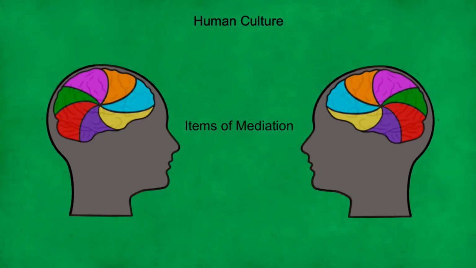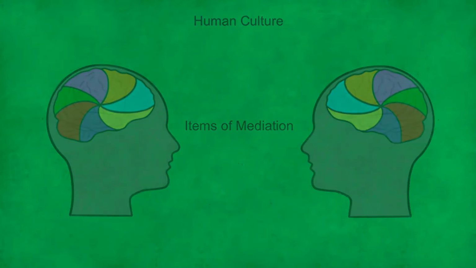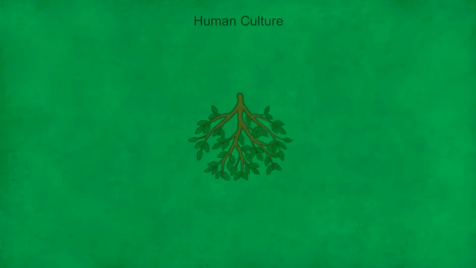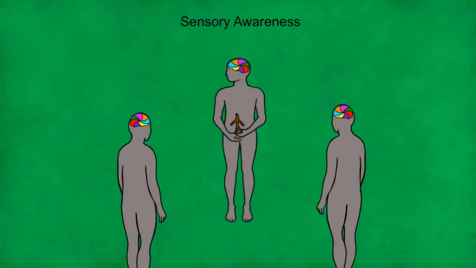Let's take an example. When humans first started to consciously manipulate the material world around them, one of the first things they probably did was to break a branch into a recognizable form, such as that of a human. This simple object, this item, would have stimulated the sensory awareness area of all the humans in the group.